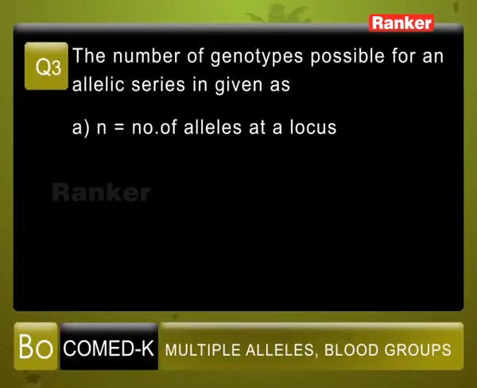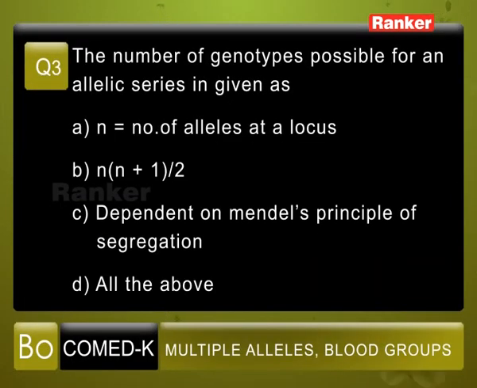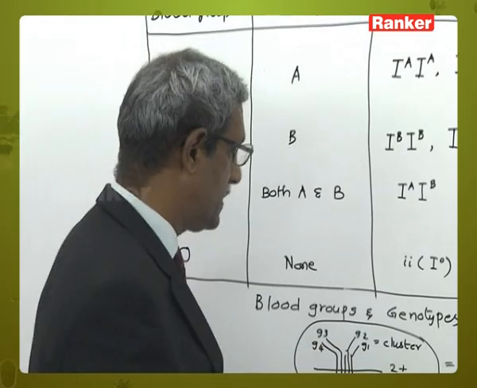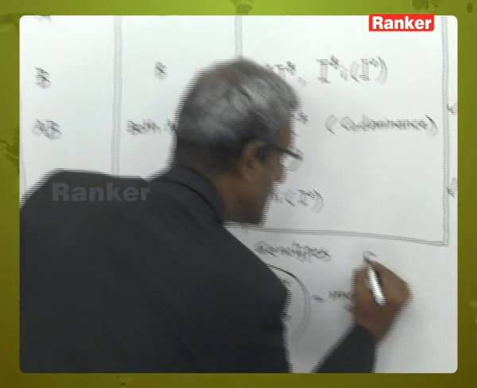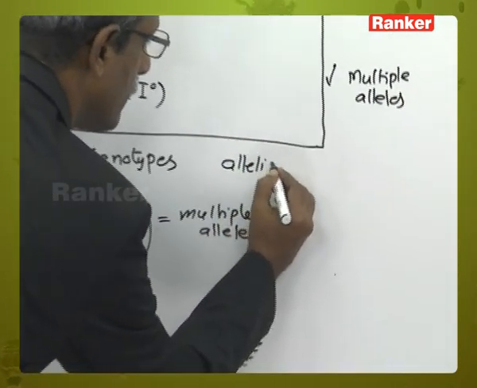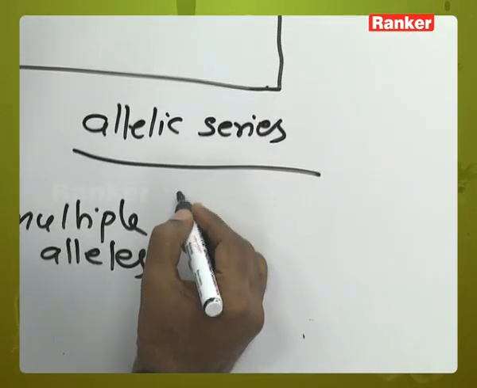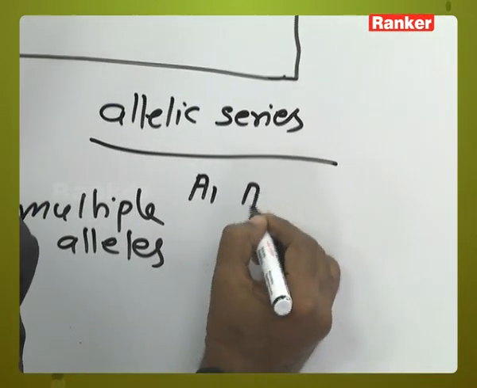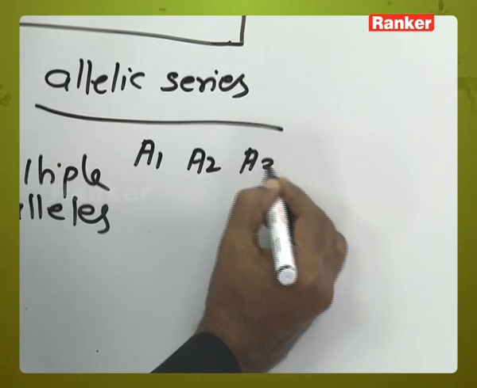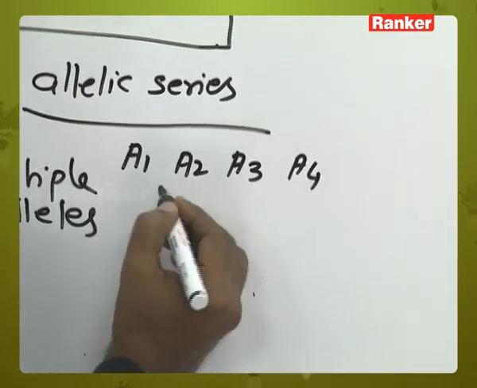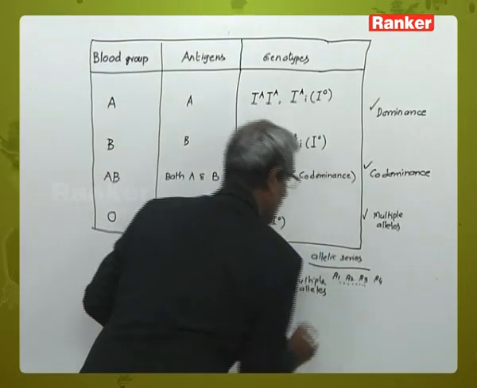In the third problem, whenever we encounter the term multiple alleles, it refers to an allelic series. Maybe we'll have A1, then A2, then A3, then A4. This refers to an allelic series.